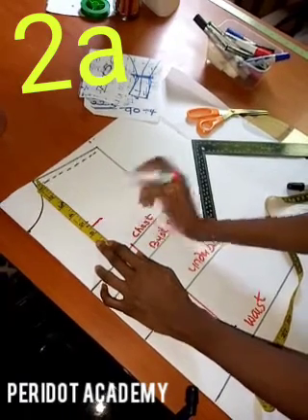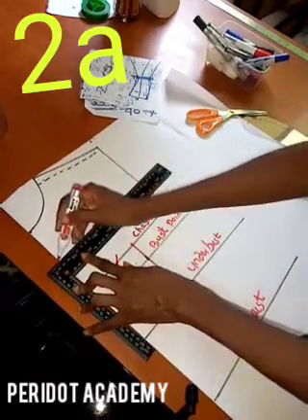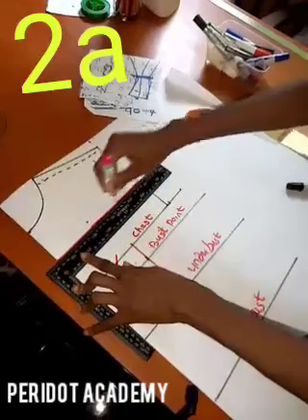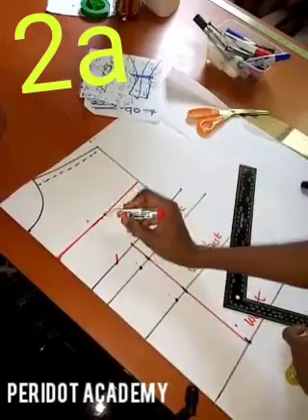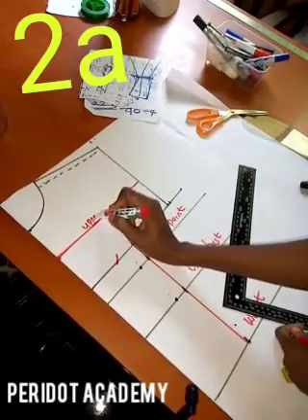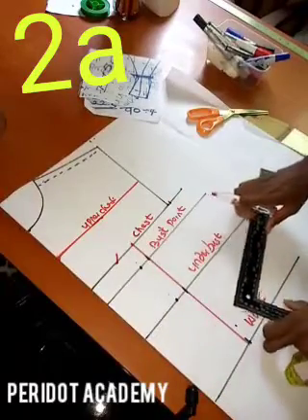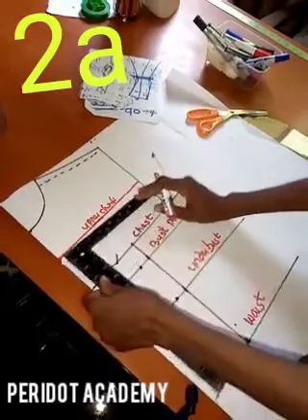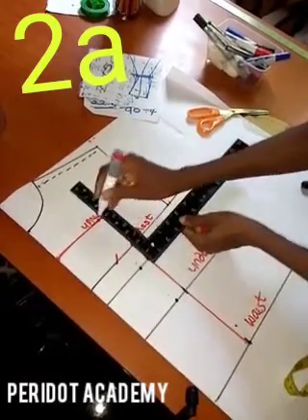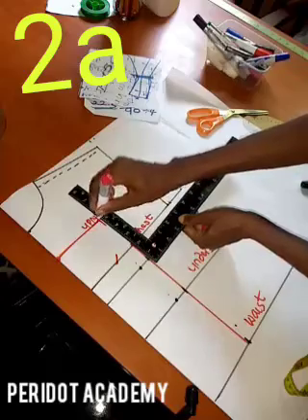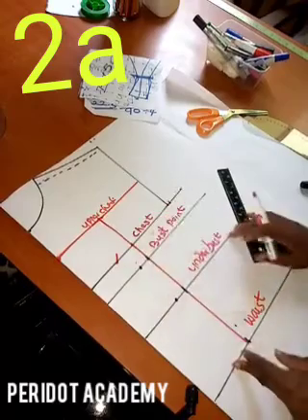This is my 5.5 mark, and I'm going to draw the line across this. This will be the upper chest line. I'll extend the 4 inches line for the bust point to it.